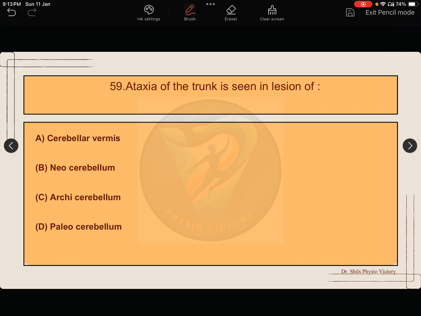Here the correct answer is option A cerebellar vermis.